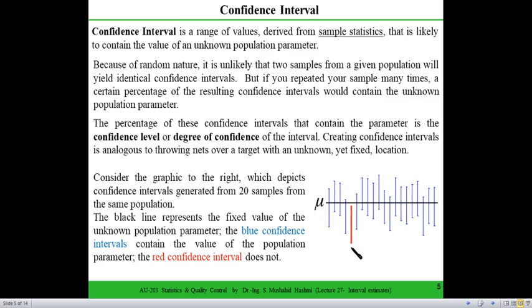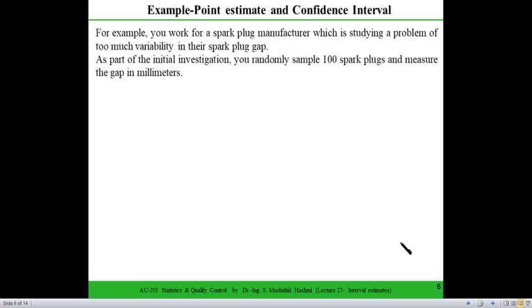We can see that one of the confidence intervals might not contain the population parameter, which we have seen in the previous example as well. We have just plotted 5 samples, but if you do this 20 times, you would expect at least one interval not to contain it. So this is all random in nature.